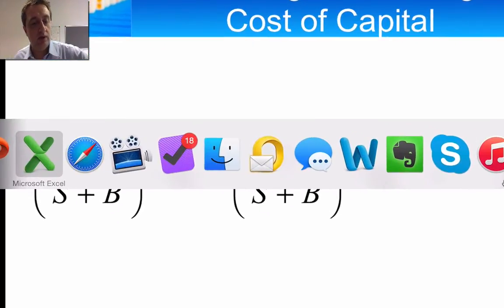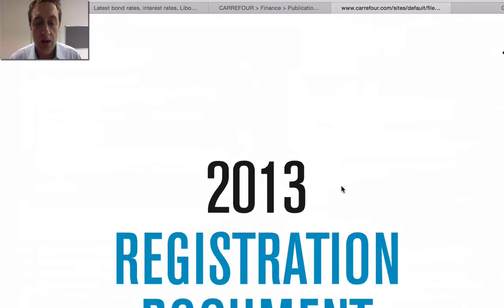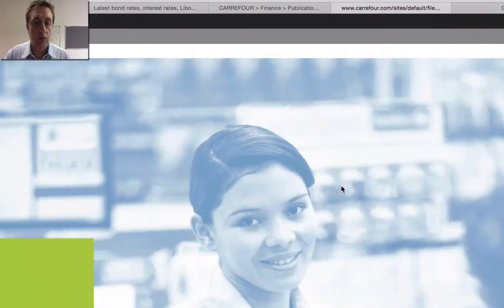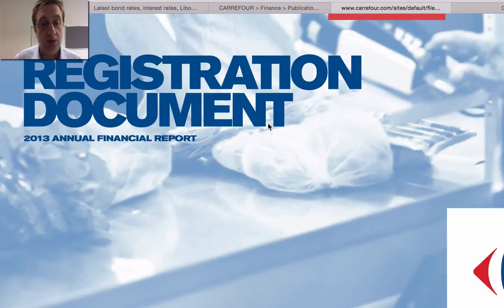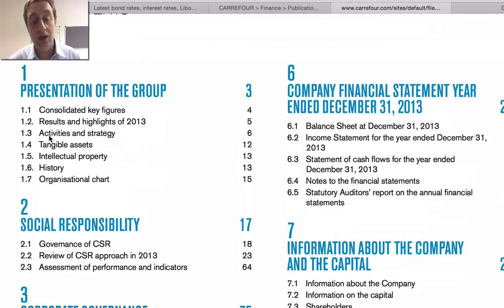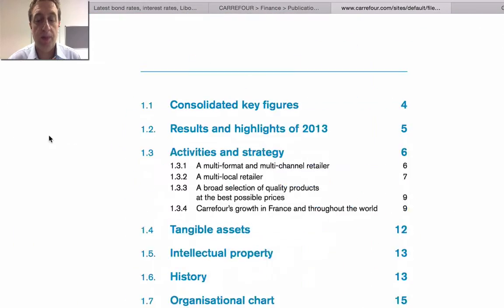So let's work with the first part, which is the value of the debt. Now, what I did is I downloaded the most recent registration document. I just went to the company's website. It's 2013. That's the most recent data I've got to do this quickly. Now, clearly I would want newer data, but that is all I've got just now.